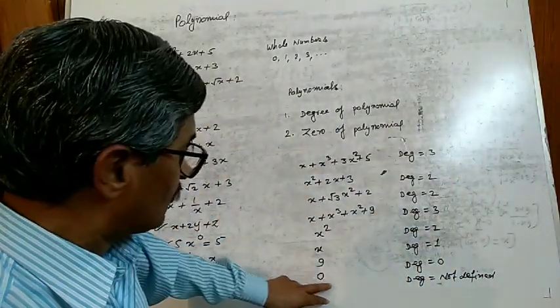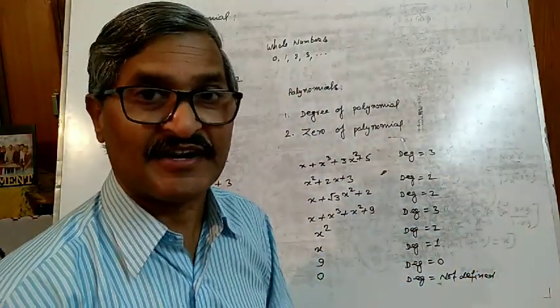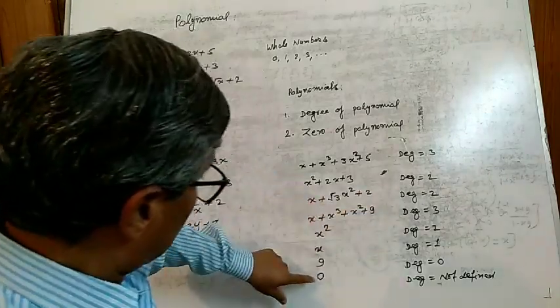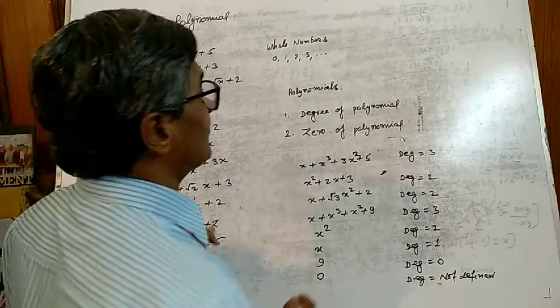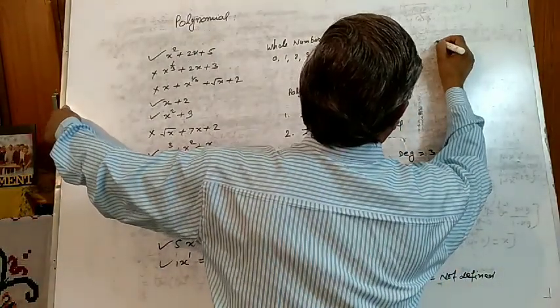Degree of 0 polynomial is not defined. So now I am going to write name of the polynomial, classification, type of polynomials.